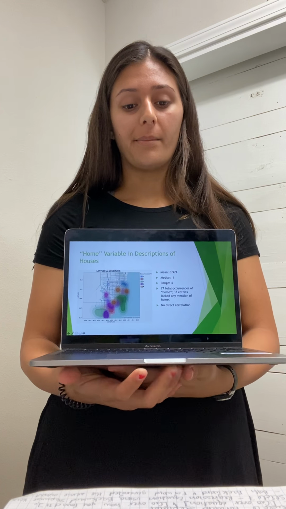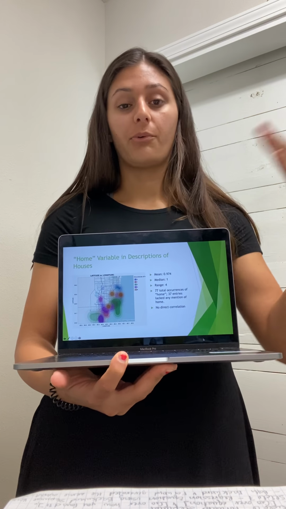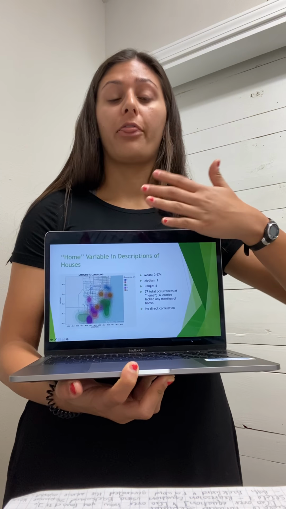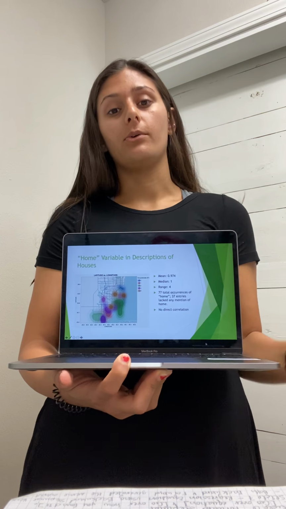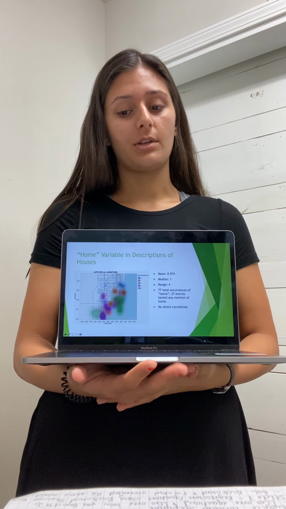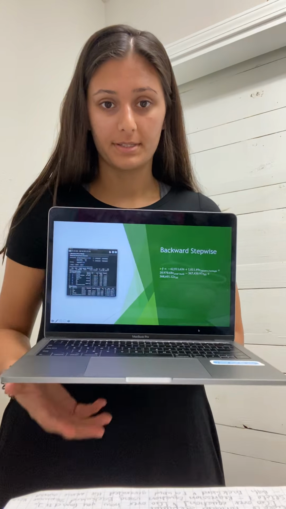Home was used on average a little under once. There were 77 entries, 37 of those did not mention home at all, 40 did, and out of those 40, it would be mentioned anywhere from 1 to 4 times. So yeah. Then we'll go to backward selection.